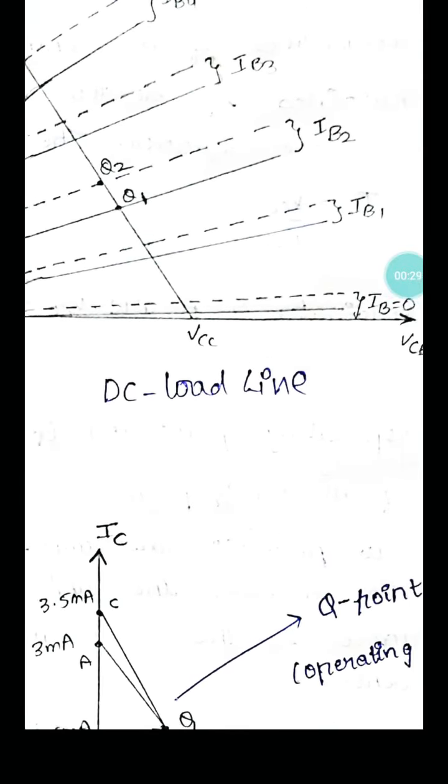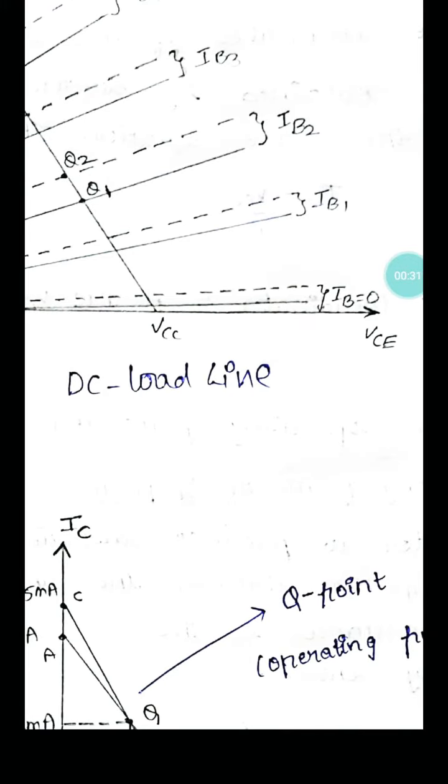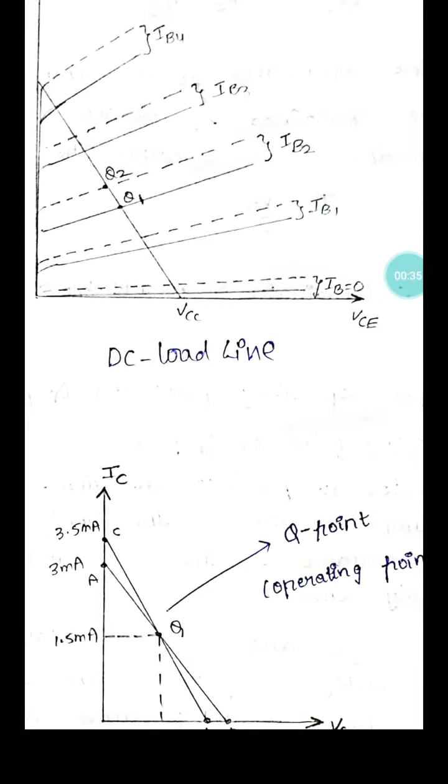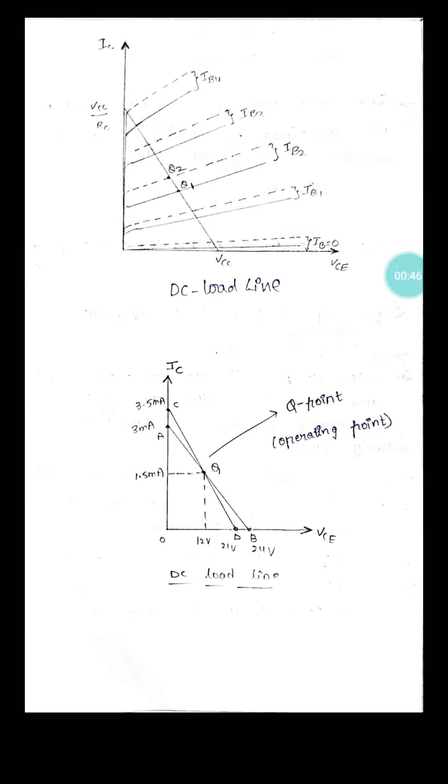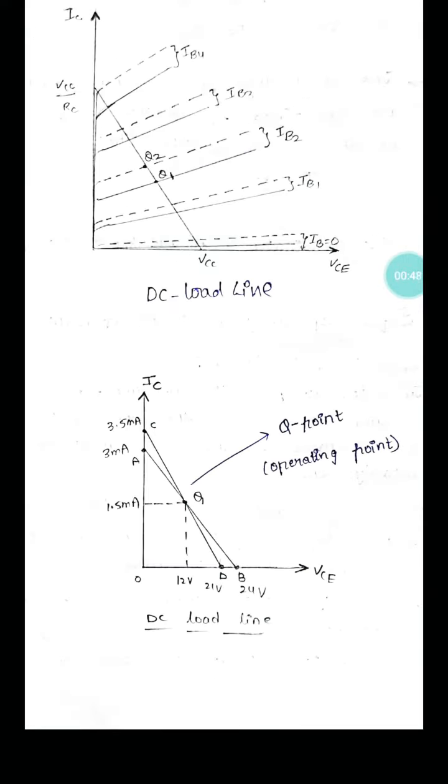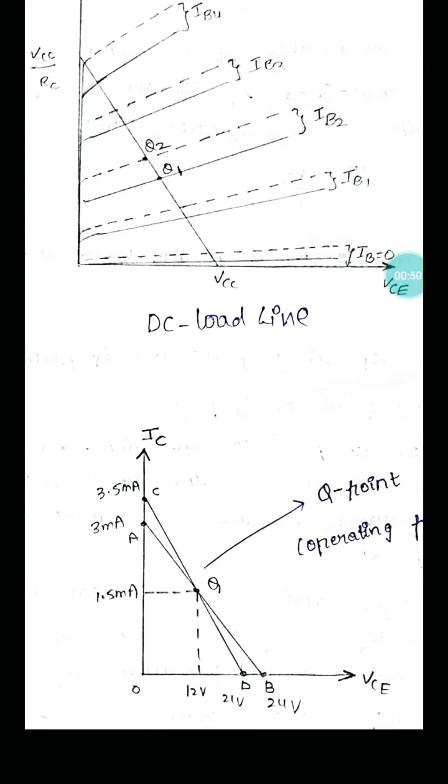Then one more line, that is called IB1 at 10 or 20 microamps. Then IB2 at 30 microamps and IB4 at some 100 microamps. These are all transistor output characteristics. In x-axis VCE, y-axis IC, different values of input currents, that is IB, IB1, IB2, IB3, IB4, like that.